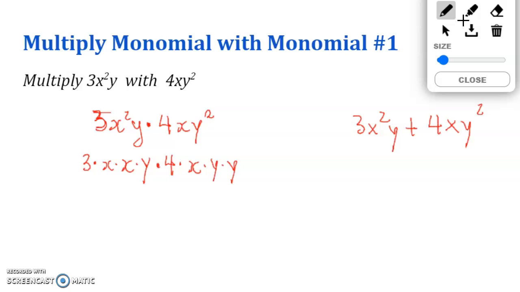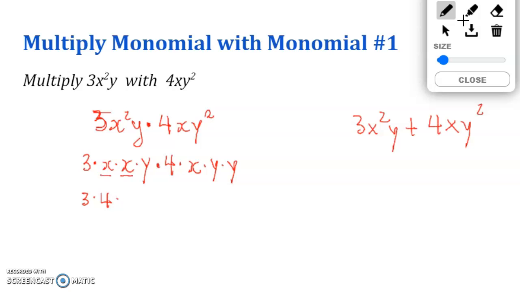In between all of them, they're just the multiplication operations. So now we can bring all the numbers together and all the x's together, because multiplication is commutative, that means the order does not matter. I can bring this to the front, and I can bring all the x's together.